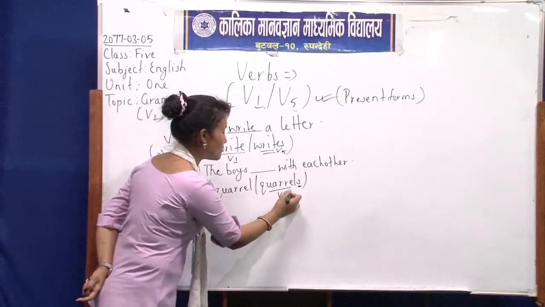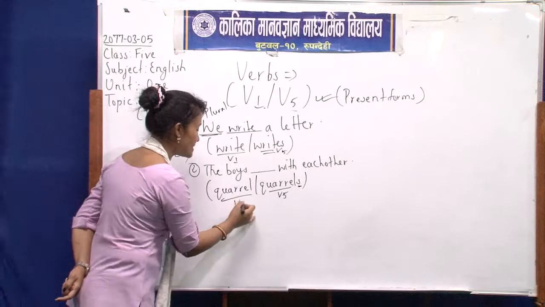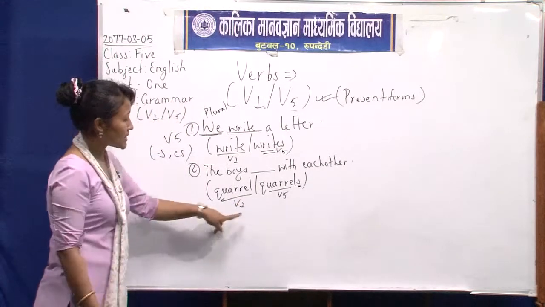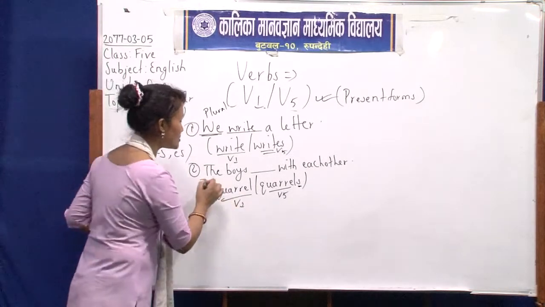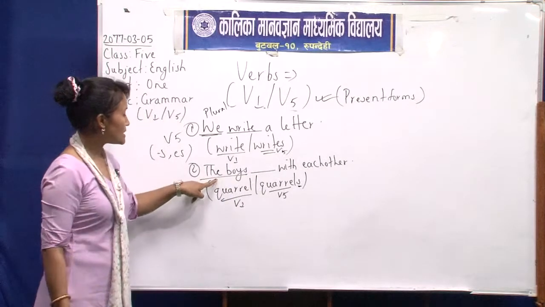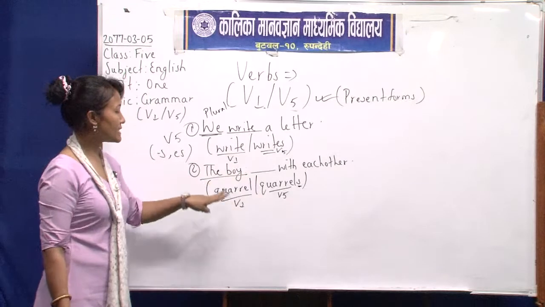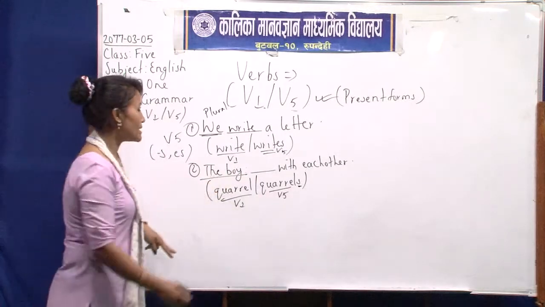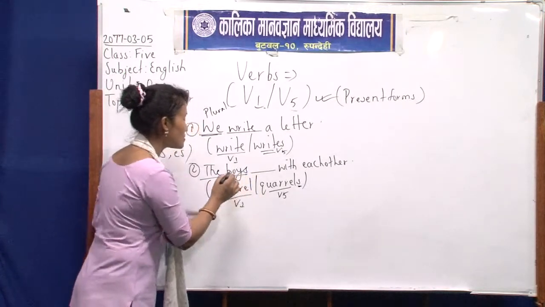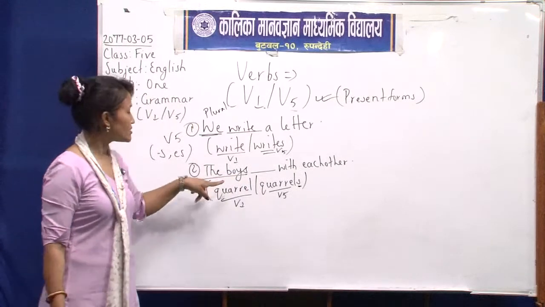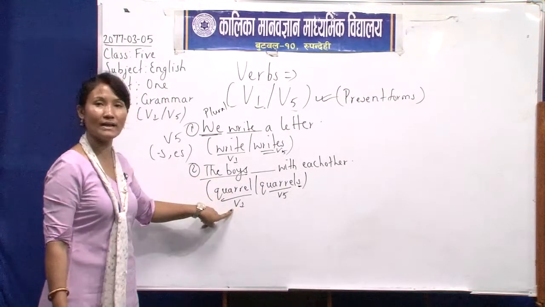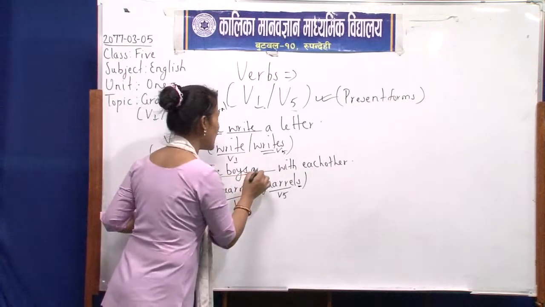So, it is verb 5 and this is verb 1. Now, after checking this, what you have to check? You have to check the subject. Subject, the boy, if here S was missing, then it would be singular. But here, S is here, so it is plural. So, plural takes what? Verb 1. So, we are going to use quarrel.